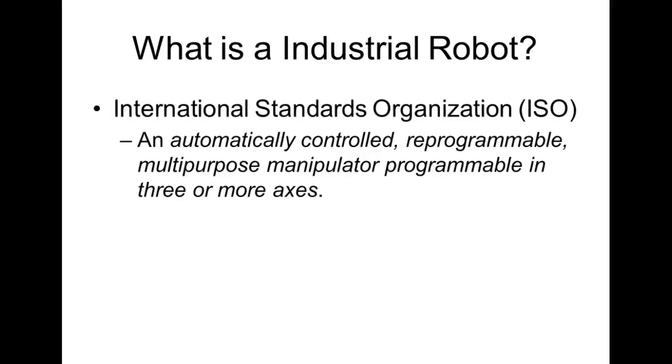So in the ISO definition, it's an automatically controlled, reprogrammable, multi-purpose manipulator programmable in 3 or more axes. Our Robot Industries Association, RIA, is a lot more lenient in their definition of a robot. ISO actually says you've got to have 3 axes before we consider you to even be an industrial robot.